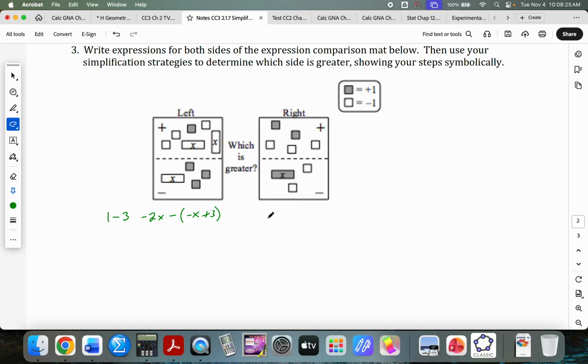And then here we've got 2 minus 3 in the positive region, minus an x minus 2 in the negative region.